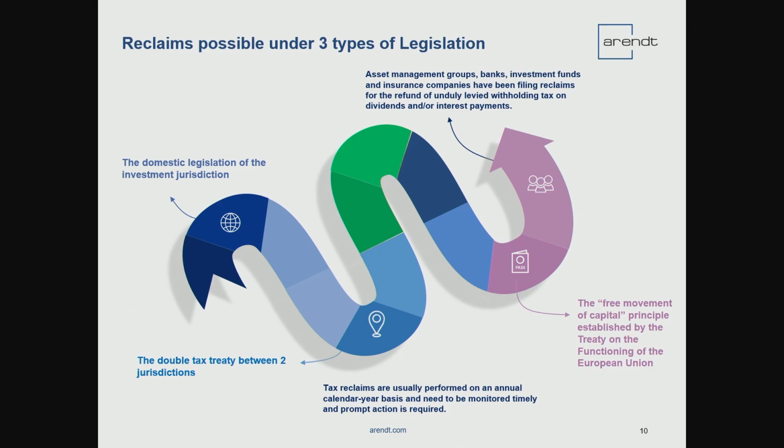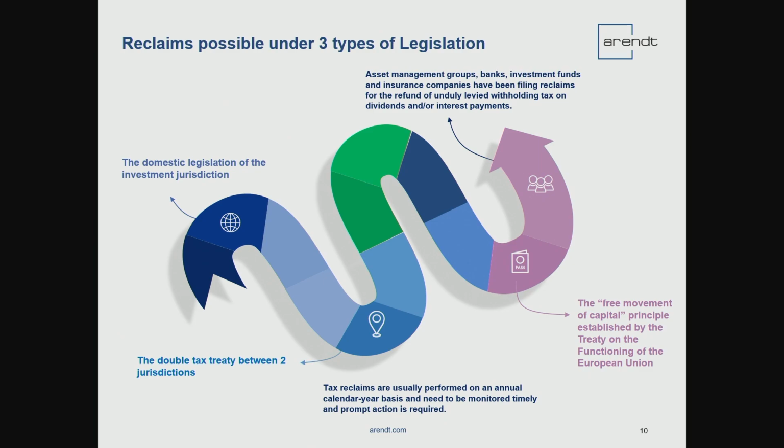And as I said before, you have probably clients and you have probably filed reclaims for several years. And you know that for getting a refund of withholding tax, you have several ways. As a matter of fact, you have 3 types of legislation. The domestic legislation: you will be using the domestic provisions of the national law to introduce a reclaim.